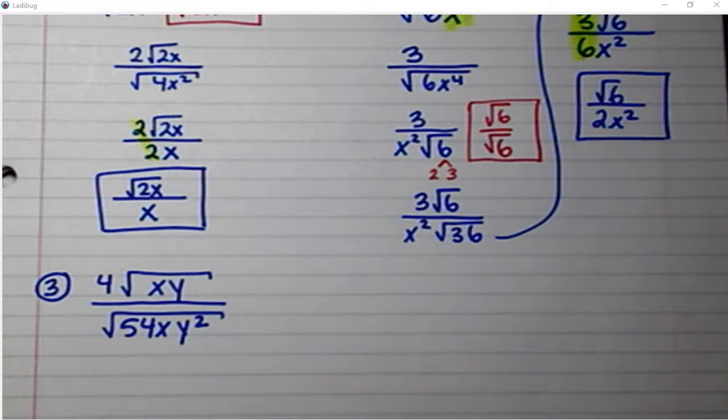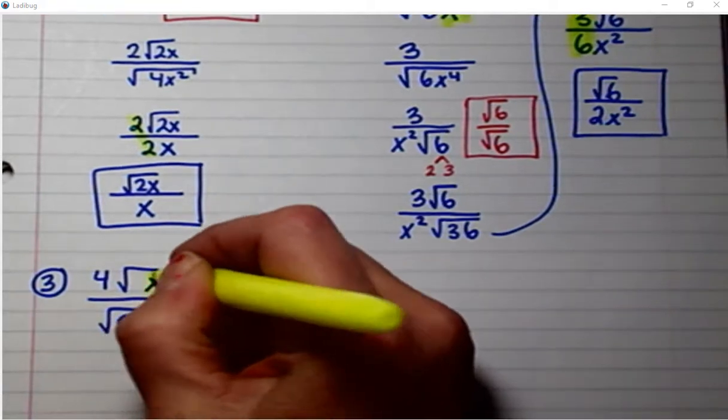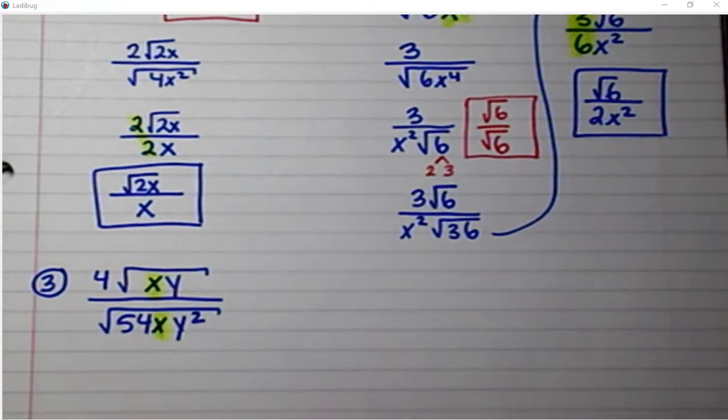Oliver? Where are you, Oliver? There you are. Give me one simplification step. What do you want to do? Fantastic. Okay, great. The x's reduce. Love it.